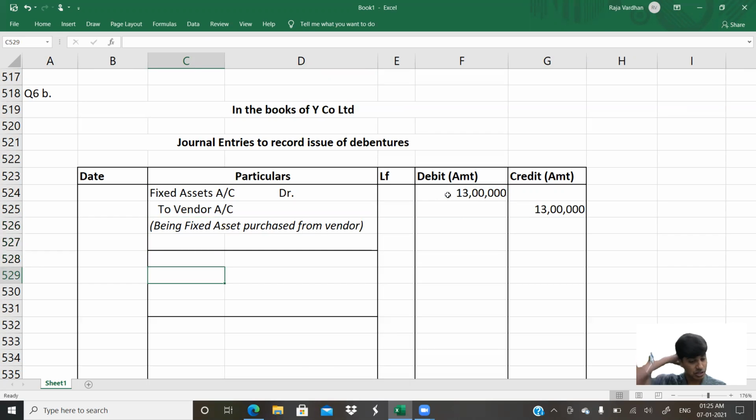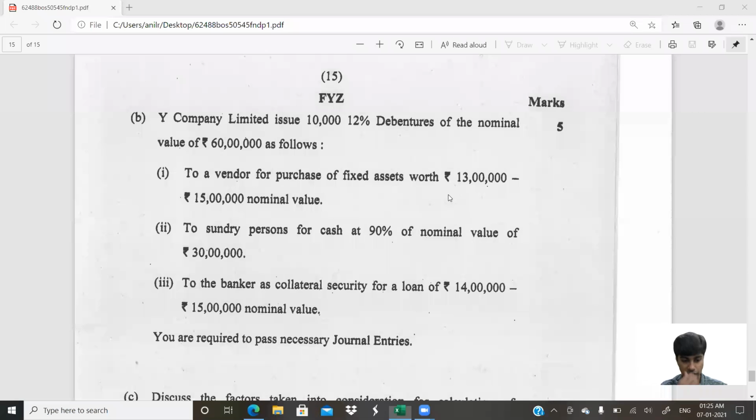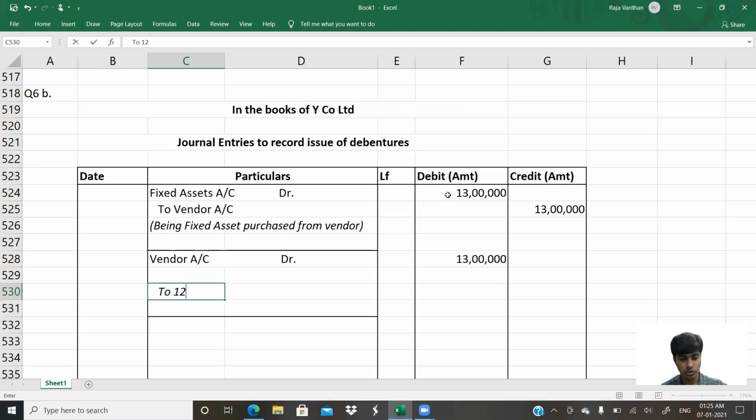What did you do against these fixed assets? Supposed to pay vendor. You're paying. If you pay by cash, you'll write vendor account debit to cash. But you're paying by debentures. Vendor account debit is correct. Here 13 lakh is written. That is also perfect. But what did you do? Instead of giving cash, you gave 12% debentures. You give them 15 lakh worth debentures.